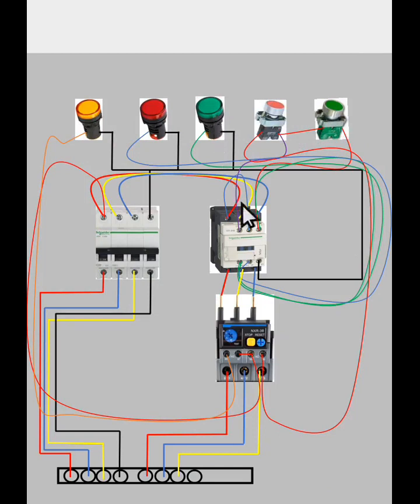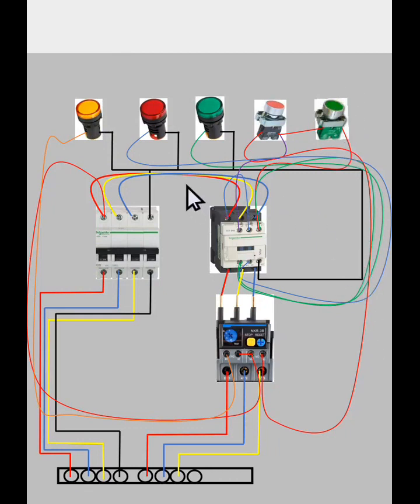That's what will be controlling all this. This will be inside of the panel, while this is on the cover of the panel. So you can arrange it horizontally, or you can arrange them vertically.